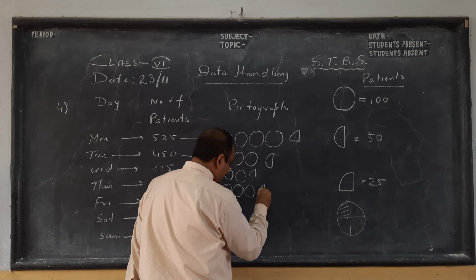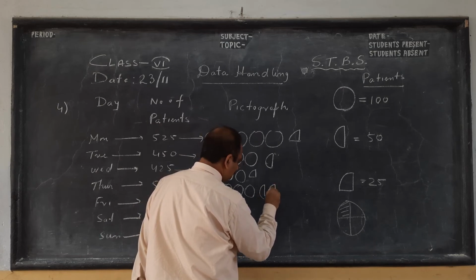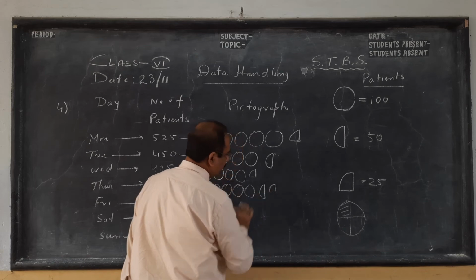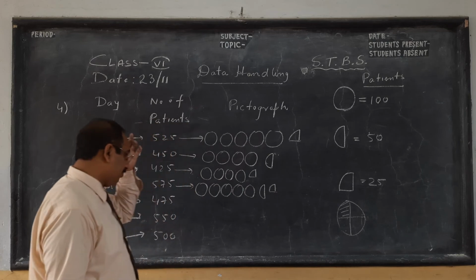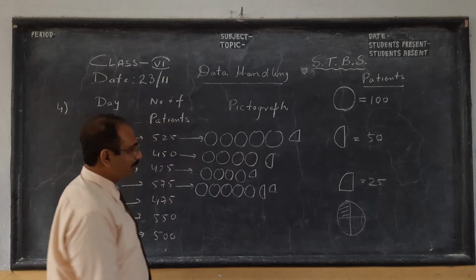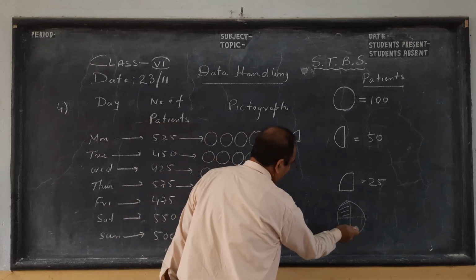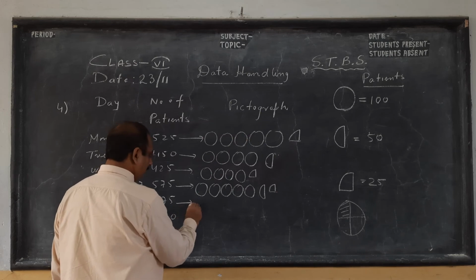This is 550, and this is your 25. 550 and 25. Don't add together, better you show separately. Like 3/4, you could have shown like this, and this, but better to write 50.